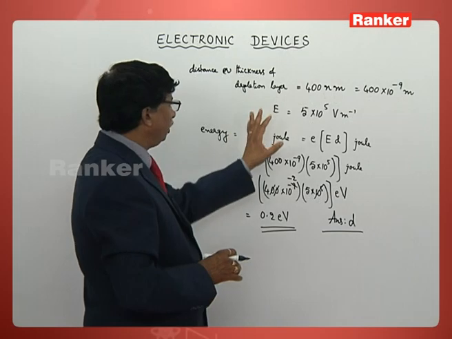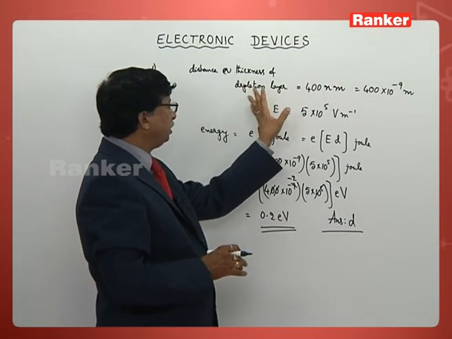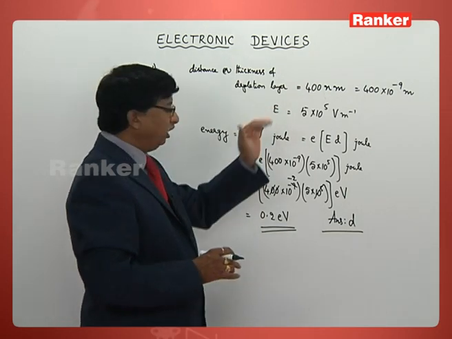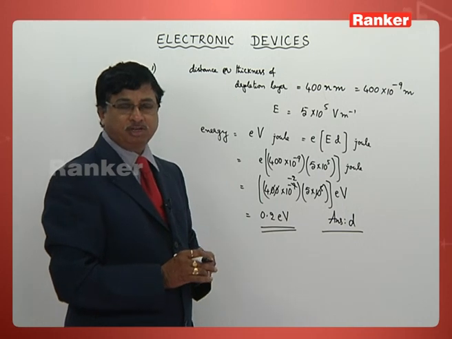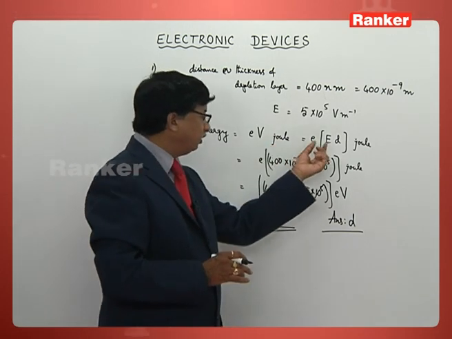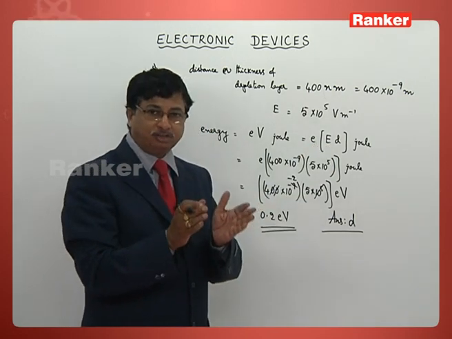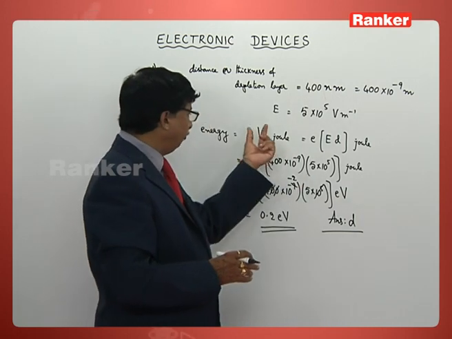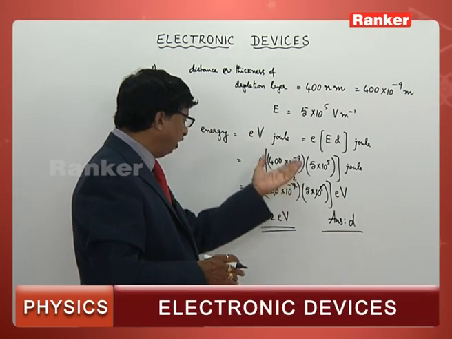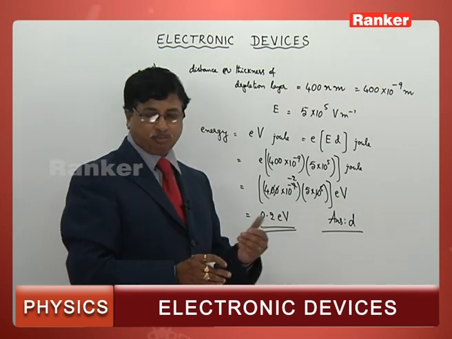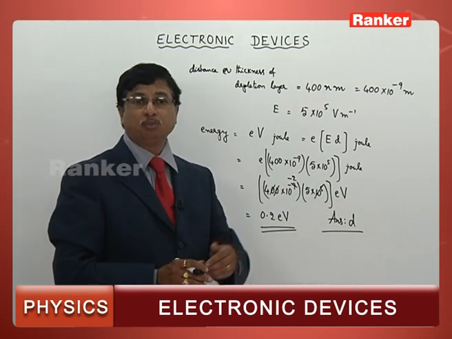The only thing you should understand in this case is, if the thickness of the depletion layer is given to us and the electric field across the depletion region is given to us, then the potential difference existing across that region is equal to E times D. That only we have taken up in this formula, and we have simplified that, and the answer we are expecting is in terms of electron volt.